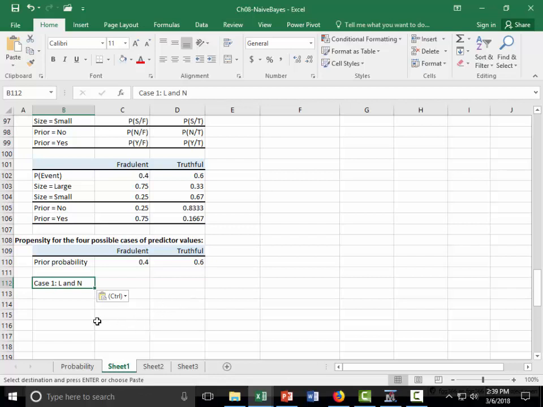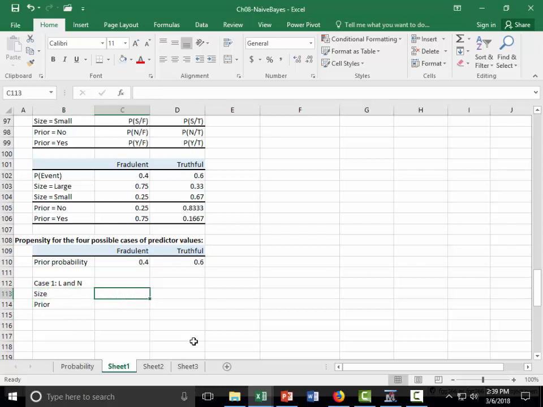So we have probability of size given, well, so we have size and prior, right?